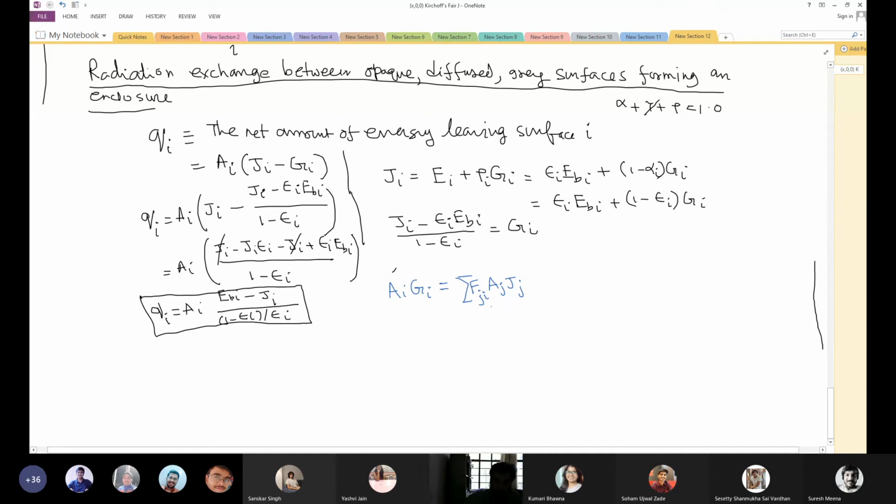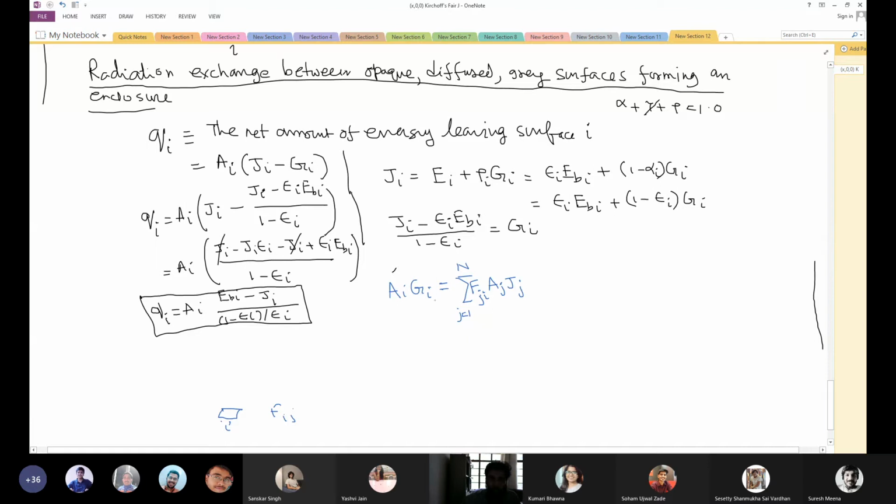The first subscript is the releasing surface and the second subscript is the receiving surface. Remember our derivation: the surface at the base was the ith surface, the releasing surface, and we call it Fij. So first subscript is the releasing surface and second subscript is the receiving surface. So Fji Aj Jj is summed over j equals 1 to n.